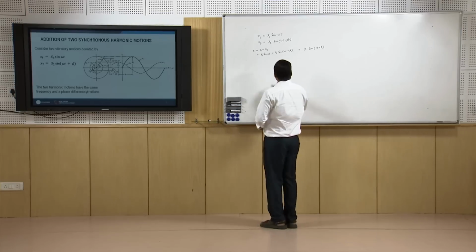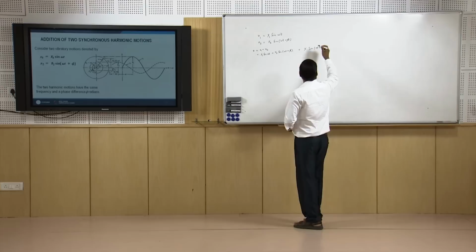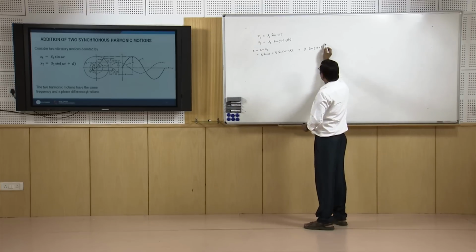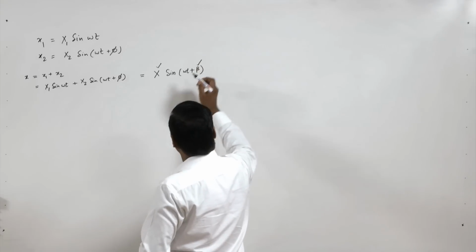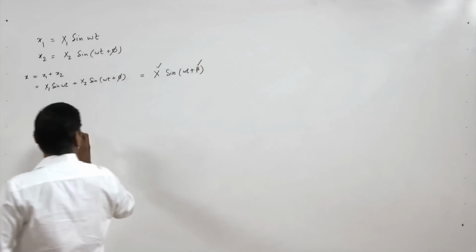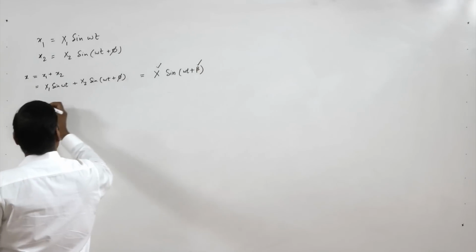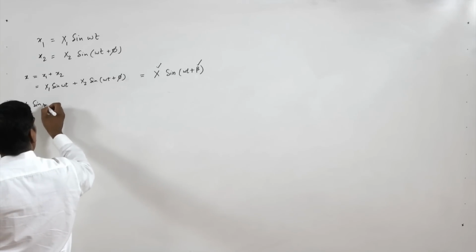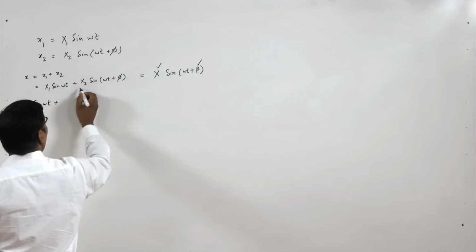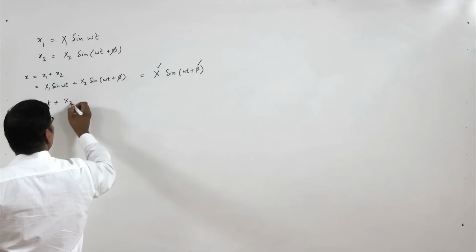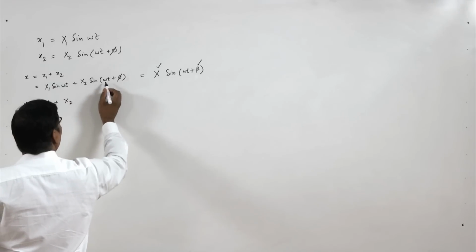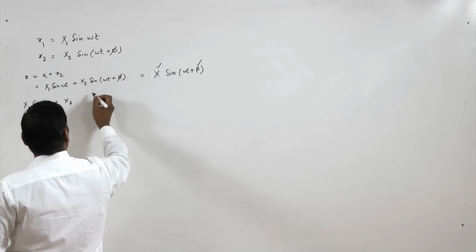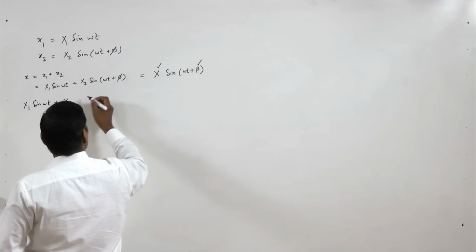Now we will solve these equations, because if we want to know the resultant, we must know X and we must know beta. So we can write x2 using sin(a plus b) equal to sin a cos b plus cos a sin b.